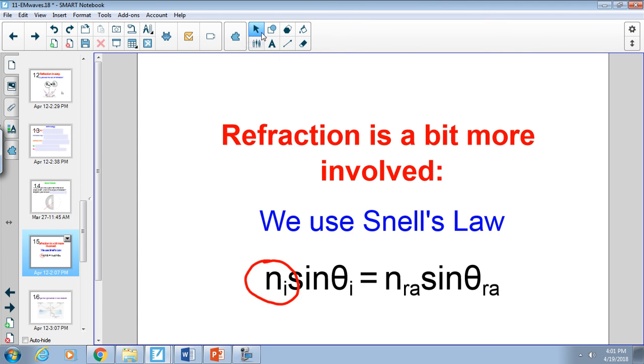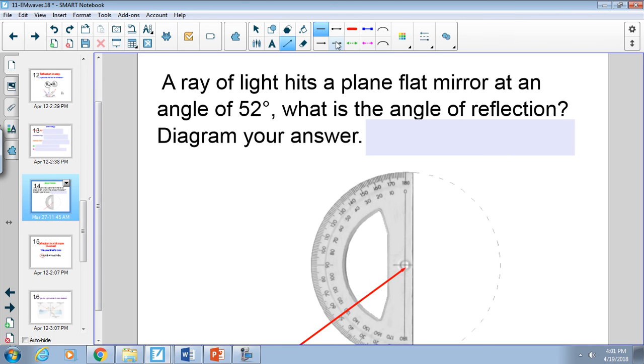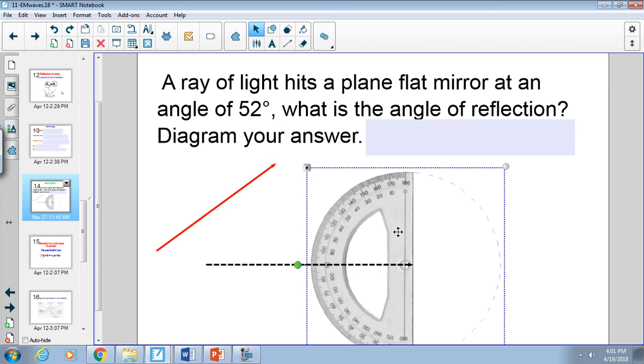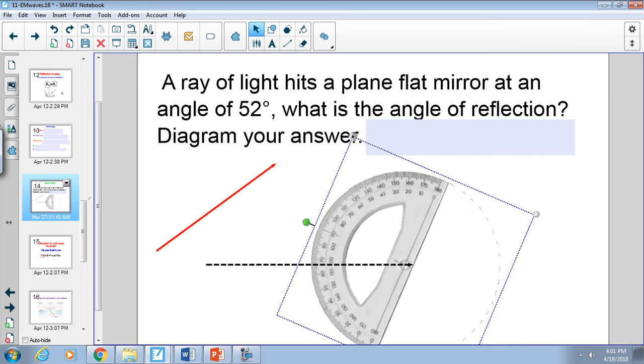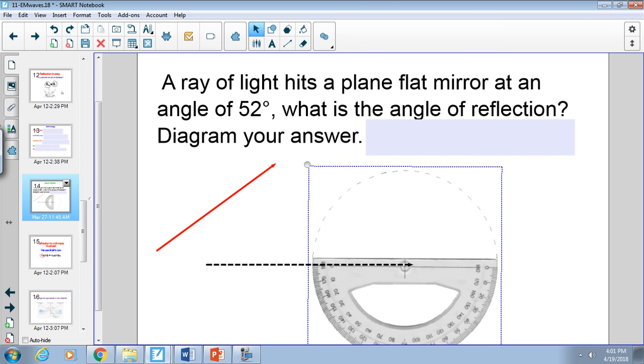Why is none of this stuff working? Where am I at? There we go. Okay. First of all, we have to draw in a normal line. We'll move this angle out of here first because that's not the right angle. There you go. There's our normal line. Set that right there, 90 from our reflecting surface. Now I'll take this protractor and rotate it around so that it's at 0.